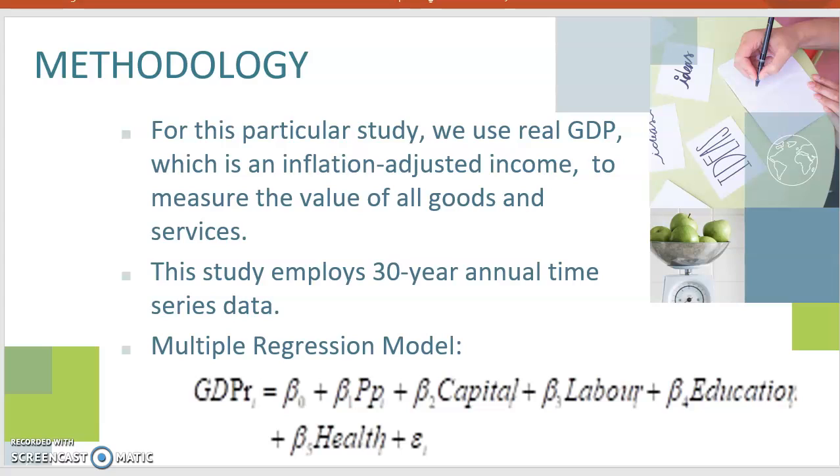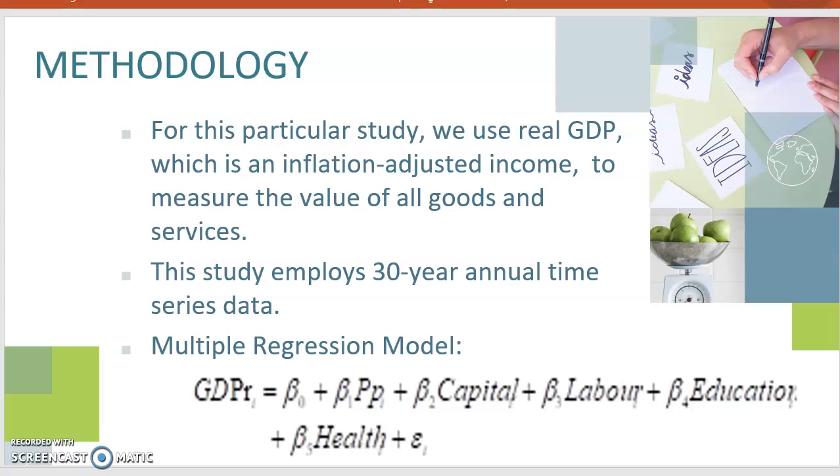This particular study used the real GDP to adjust the inflation from the income in order to value all goods and services. So this study employs 30-year annual time series data.